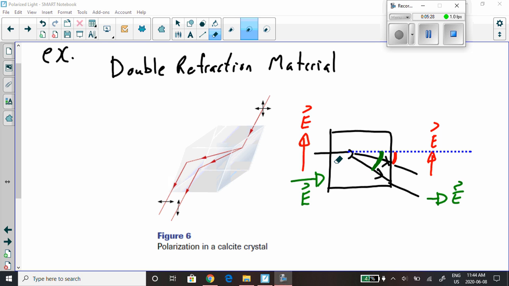We would have walked around to different stations to get this done, but here we are watching it on YouTube. You put a piece of crystal over your textbook and look at the writing, and you would see two images. The unpolarized light would be split into two kinds of polarized light, each with perpendicular electric field orientation.